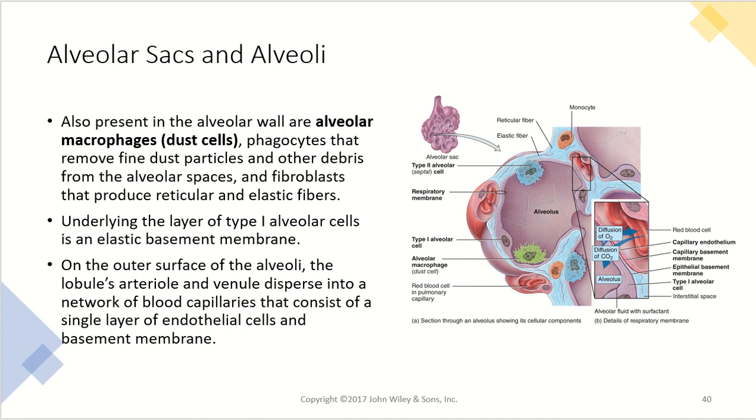So underlying the layer of our type 1 alveolar cells, we've got an elastic basement membrane, and then on the outer surface of the alveoli, the lobules, arterioles, as well as the venules, are going to disperse into a network of blood capillaries, and these are going to consist of a single layer of epithelial cells and then a basement membrane. So they're quite thin.